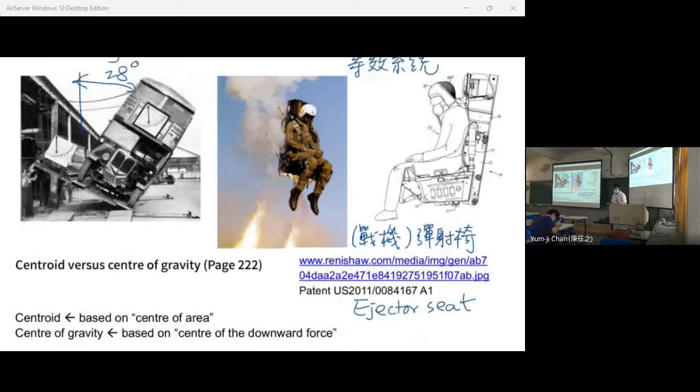So of course we have rockets here, right? Rockets here. And the fighter pilot has a CG here, right? CG here, and the mg goes like this.